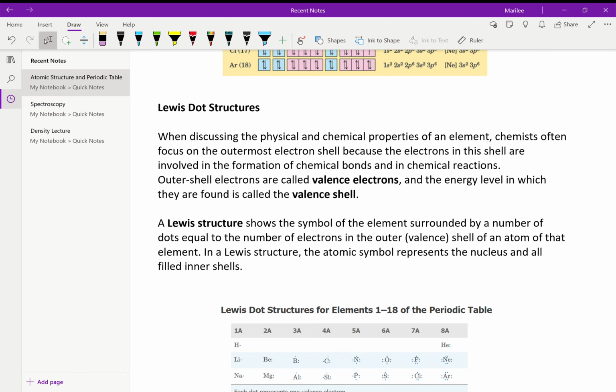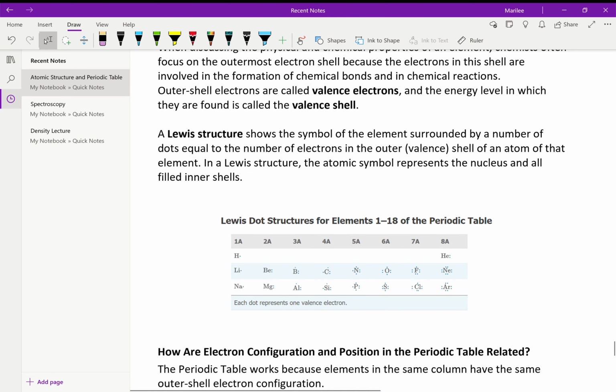So the electrons in the outer shell are called the valence electrons, and the energy level in which they are found is called the valence shell. A Lewis structure is shown by the symbol surrounded by dots. The dots are the outermost shell, the valence shell.